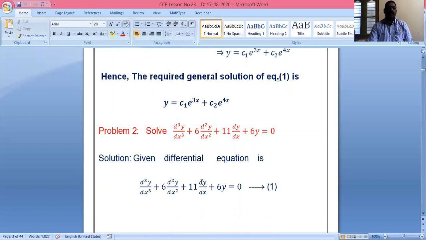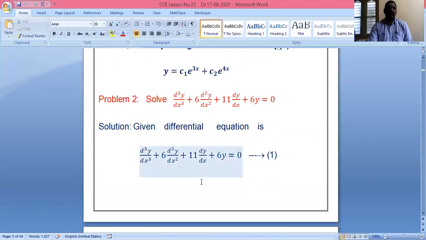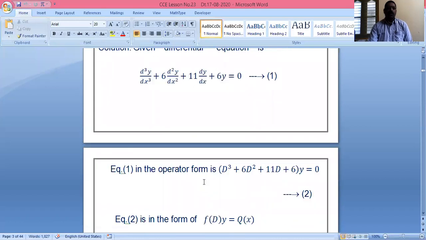Given differential equation is d cube y by dx cube plus 6 d square y by dx square plus 11 dy by dx plus 6y is equal to 0. Let this equation be 1. Now, equation 1 in the operator form is (d cube plus 6d square plus 11d plus 6) y is equal to 0. Let this equation be 2.